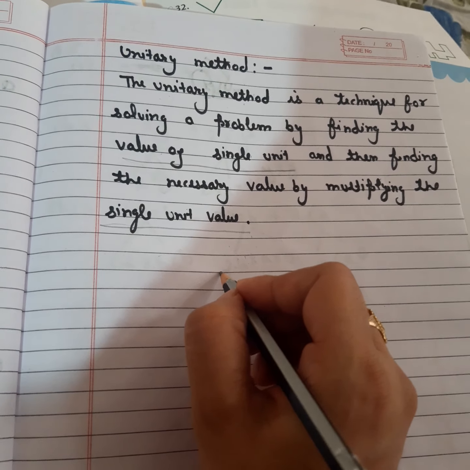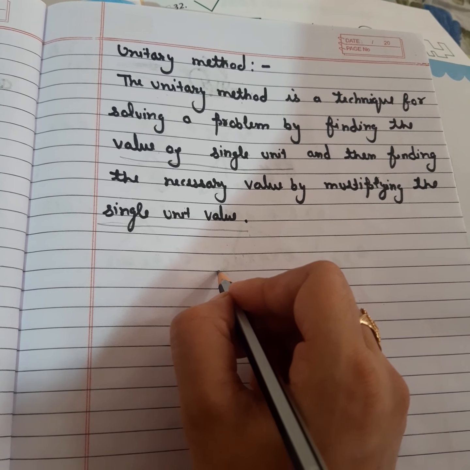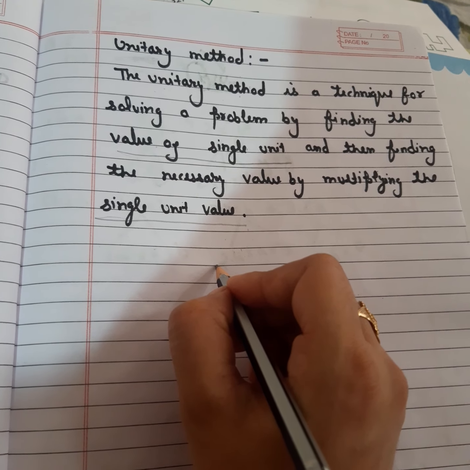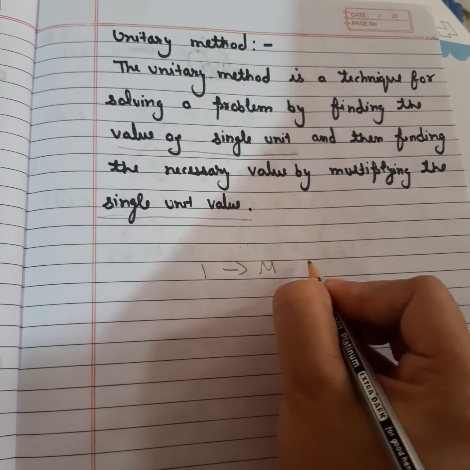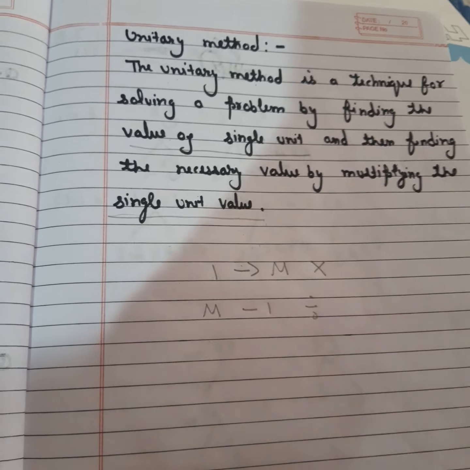We calculate the value of the 1 with the help of division, and then the value of the many with the help of multiplication. We have to remember this relation: 1 to many multiplication and many to 1 divide.